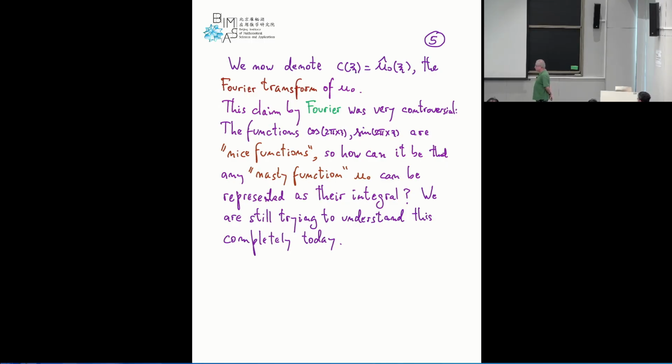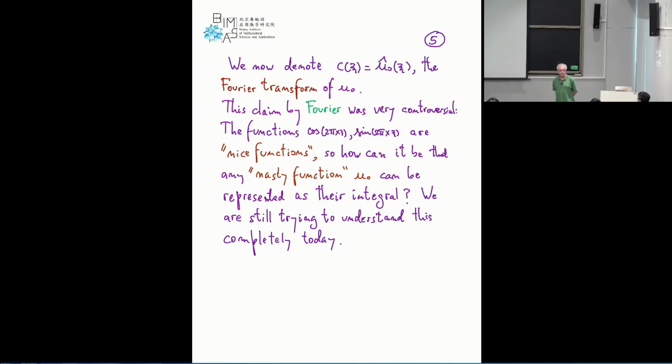Now, this claim of Fourier was extremely controversial. Why? Well, the functions cosine 2 pi x xi and sine of 2 pi x xi are very nice functions, right? They're infinitely differentiable, very smooth, very regular. So how can it be that any nasty function, let's say u0, can be written as an integral, which is a glorified sum of nice functions?